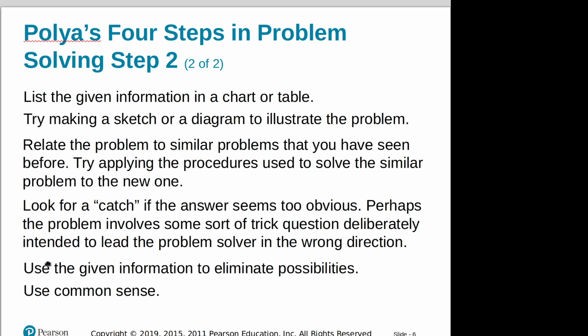Use common sense. I'm not a fan of use common sense, not because you don't have common sense, but we tend to use this as a catch-all for when we don't want to learn and update our common sense. Common sense really is a sum of everything you have learned so far. You don't want common sense to stop you from learning new things.